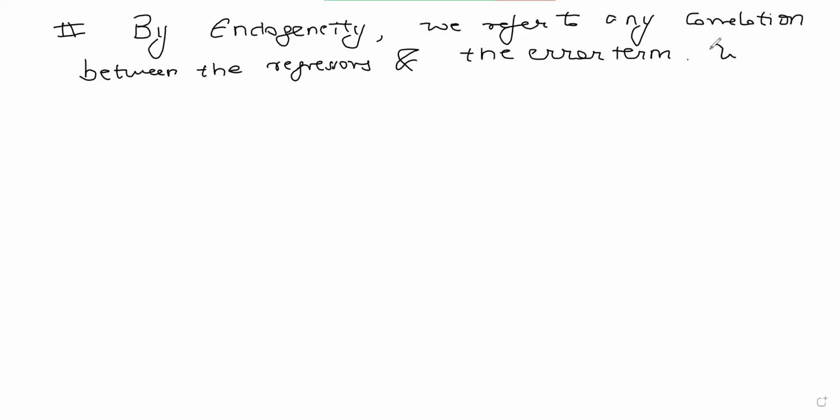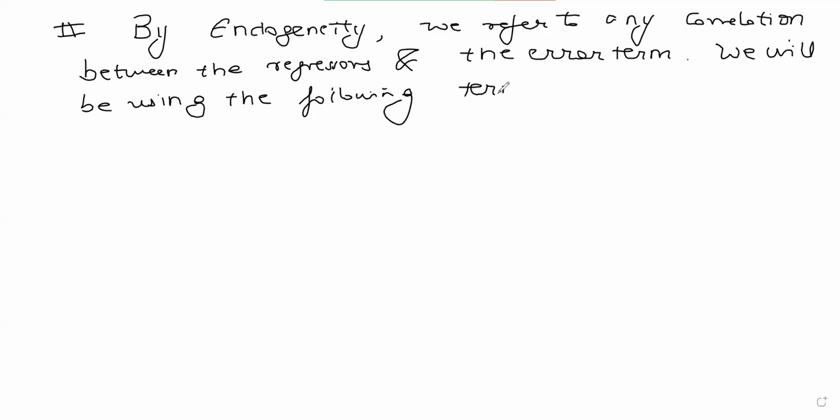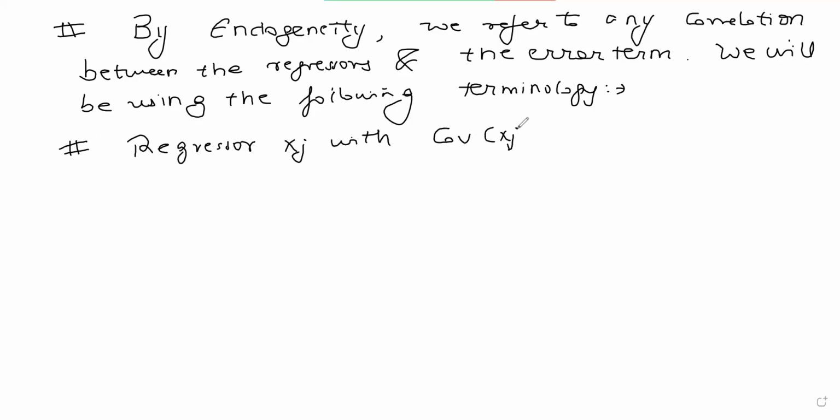Okay, so we will be using the following terminology. I can write that a regressor xj with the covariance between xj and u not equal to 0 is called an endogenous regressor.